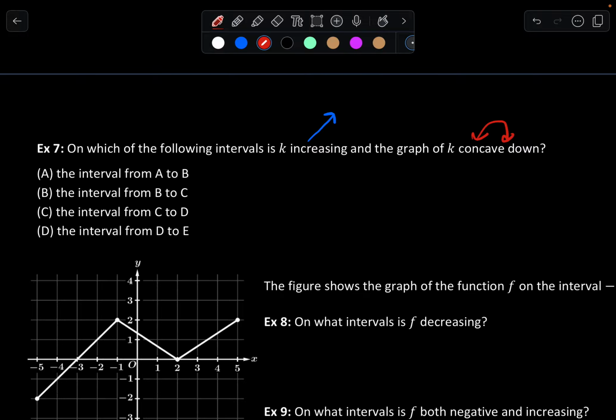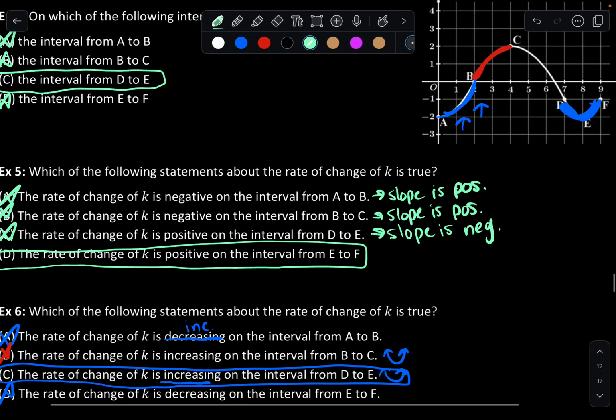So if we think about concavity, basically what I'm looking for is overall it's concave down, but I want to see specifically when it's increasing, it's going to be the part of the graph that grows either into a maximum or it could be a turning point in the graph. So let's take a look.